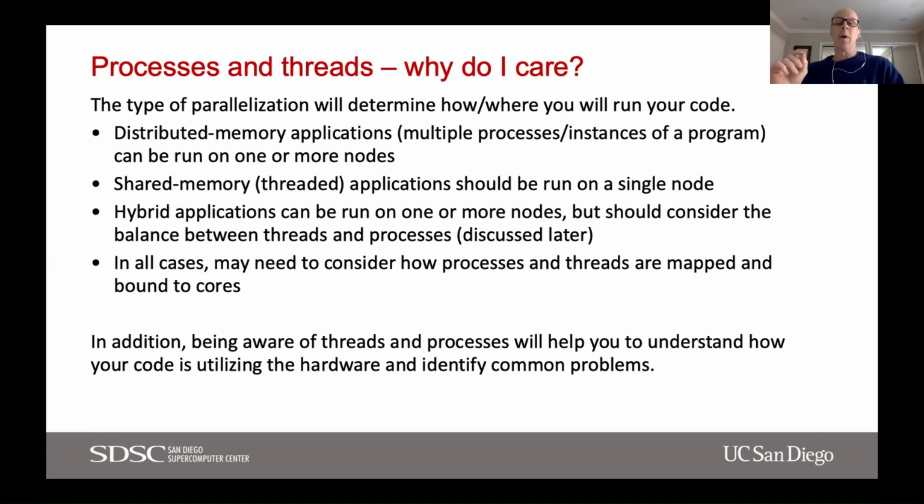They can be run on one or more nodes, but we need to consider the balance between threads and processes. And finally, in all cases, we need to be aware of how processes and threads are mapped and bound to cores. In addition to all that, being aware of threads and processes will help you understand how your code is utilizing the hardware and identify some common problems.